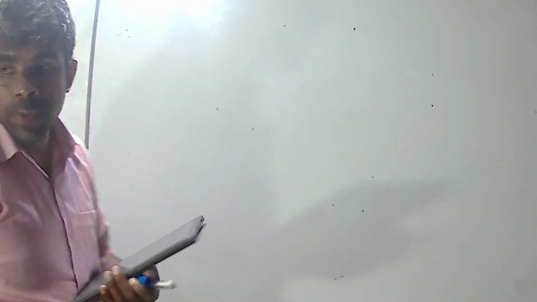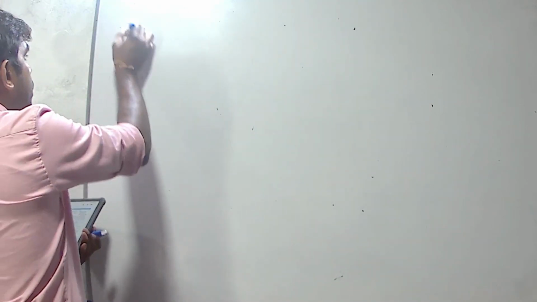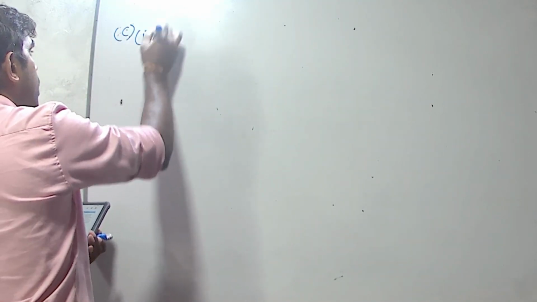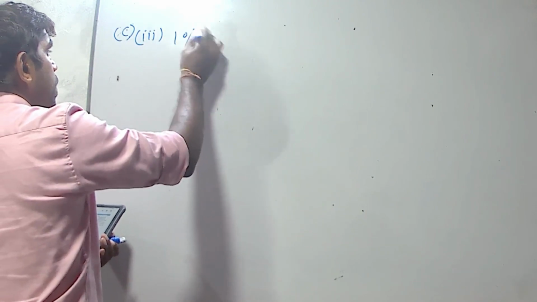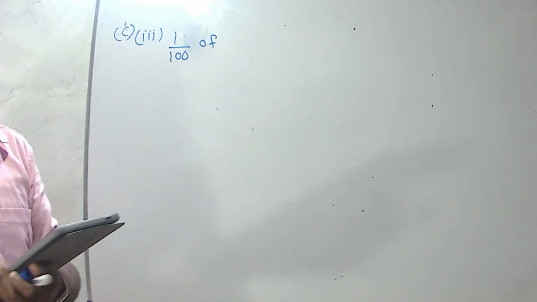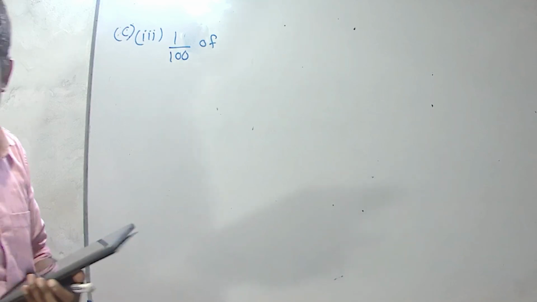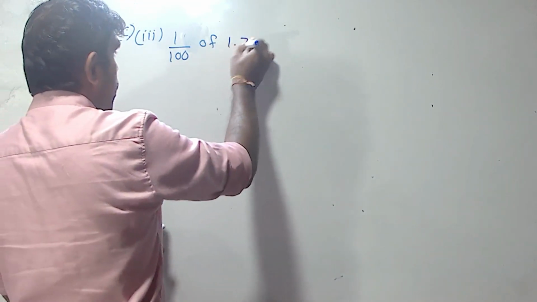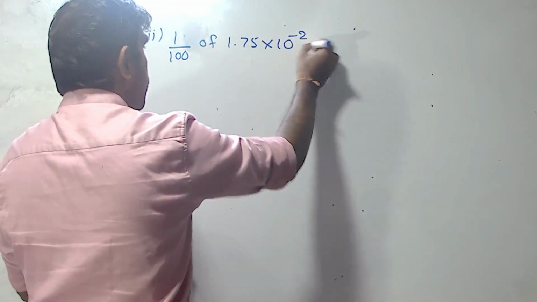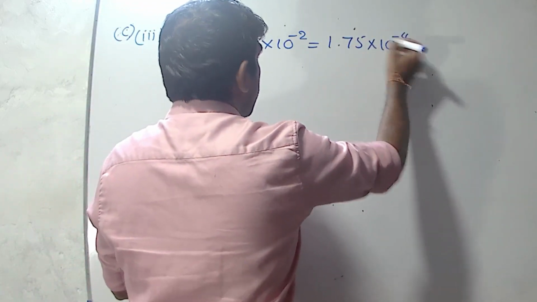First of all, we have to find 1% of the given strain value. One percent, 1 over 100 of the given strain value in the table, which is 1.75 into 10 to the power minus 2. It is 1.75 into 10 to the power minus 4.